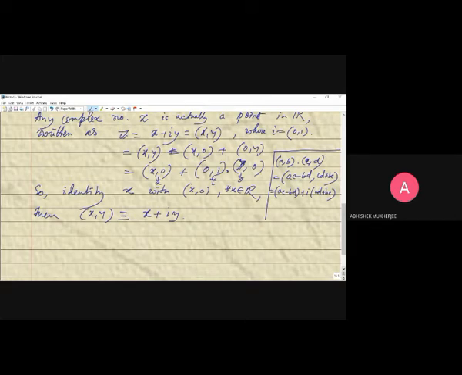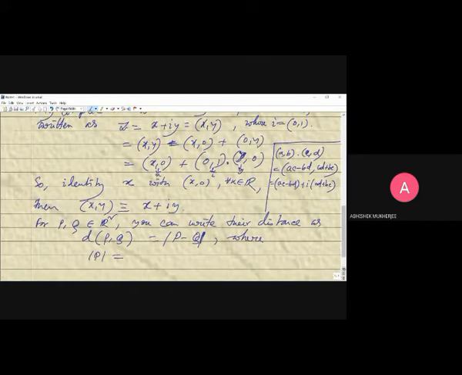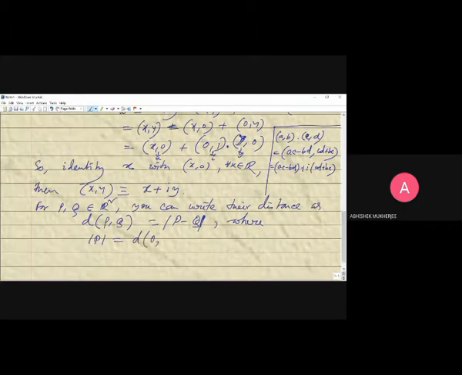And with this identification, you can write down the distance between 2 points in R2. So for P, Q belonging to R2, you can write their distance as d(P,Q) equals mod of P minus Q, where mod P is actually the distance between 0 and P, that is, the distance between the origin and the point P, which is root over x1 squared plus y1 squared.